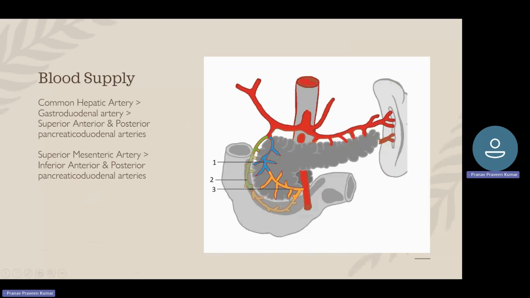And the superior mesenteric artery, this is the superior mesenteric artery, comes down here over the duodenum, and it gives off branches, the inferior anterior pancreaticoduodenal artery and the posterior pancreaticoduodenal arteries. So that's it for the blood supply.